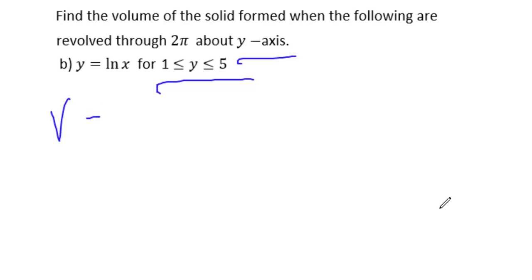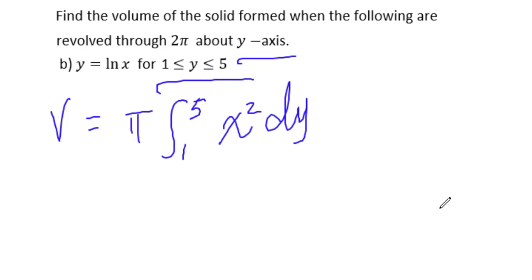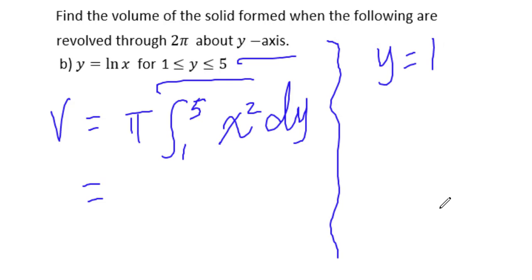The volume equals pi times the integral from 1 to 5 of x squared dy. For this x squared, you have to figure out the x first. So we have y equals natural log of x.